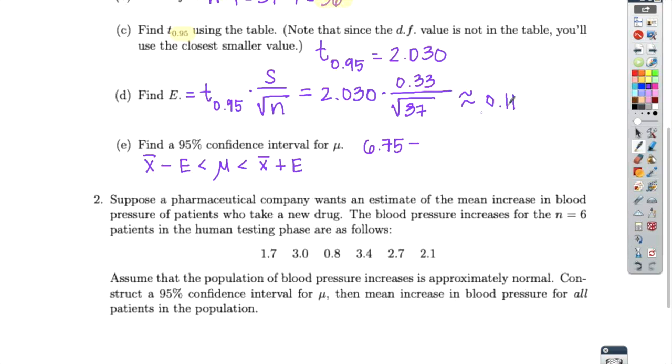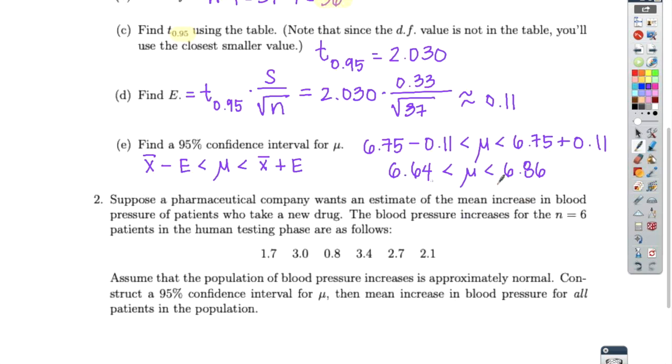Minus our error, which we found was 0.11, less than mu, less than, and then same numbers, but now with a plus, 0.11. So when I simplify this, I get 6.64 less than mu less than 6.86.